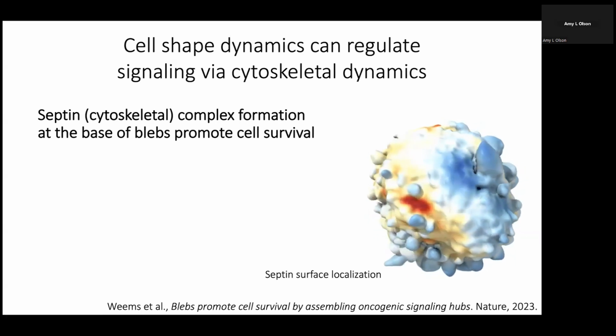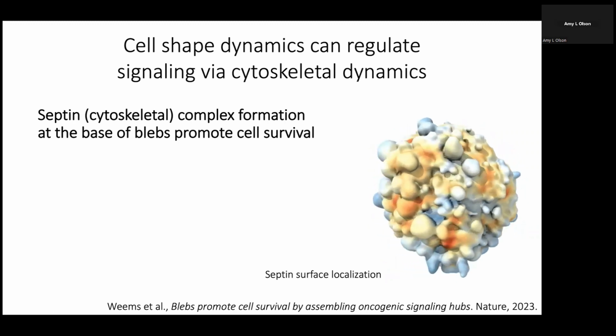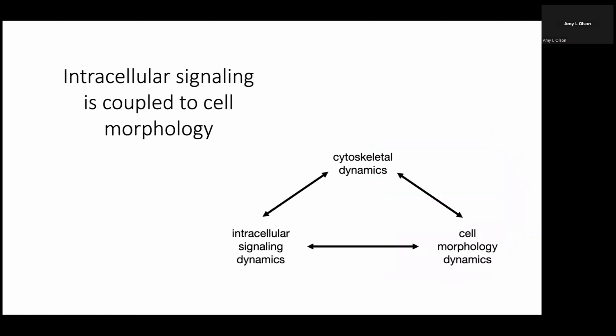So these cells survive by changing their shape, which in turn changes their signaling, right? So now we have a somewhat complicated feedback loop, right? Cell morphology is controlled by cytoskeletal dynamics, which is controlled by intracellular signaling very locally, remember at the submicron scale, which is again controlling cell morphology, right? So the system is very complicated.